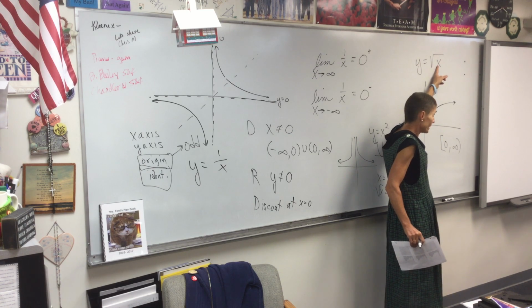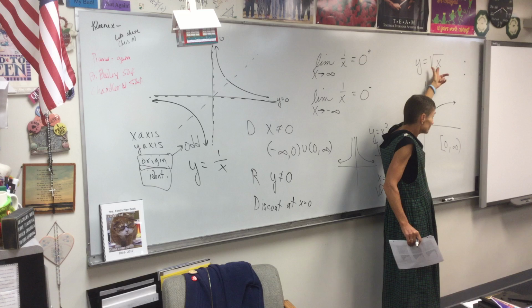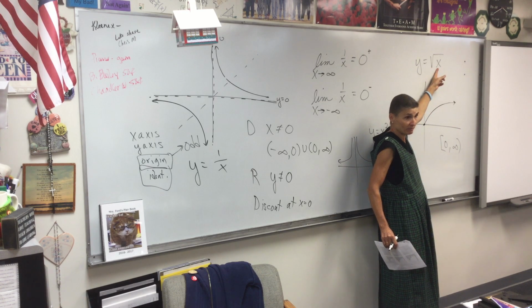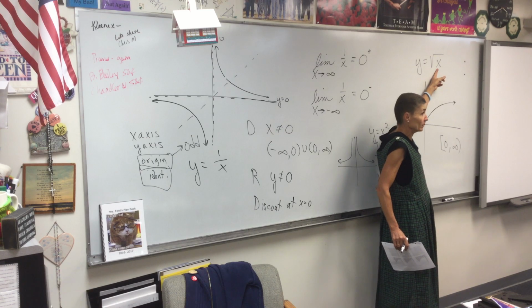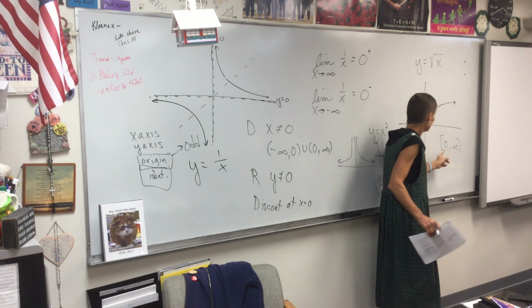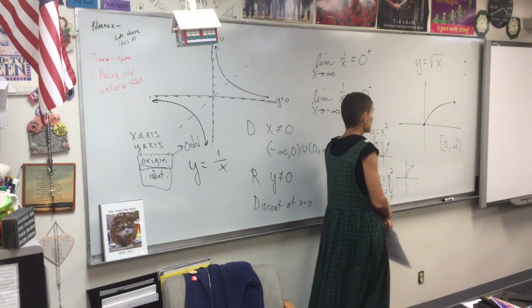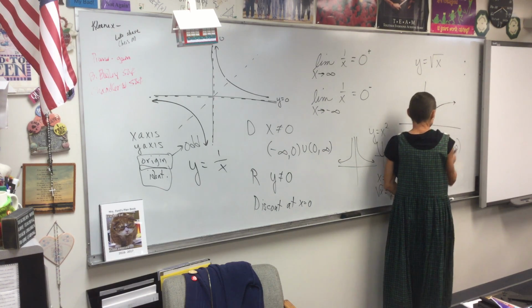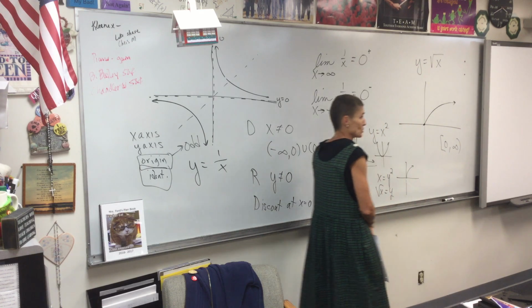What happens if you put a negative number in here? You get imaginary numbers. Not good in BFF land. We want to keep it real, right? Keep it real. All right. What's my range? Same thing. We're starting at 0 and going up. So that is my domain and my range.